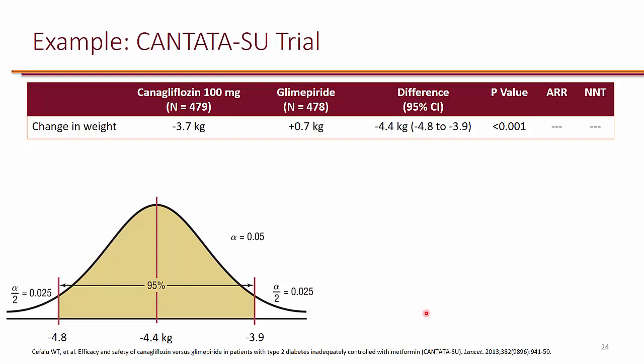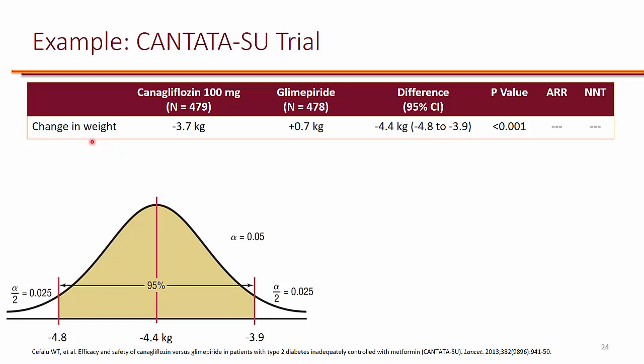Now, so far we've talked about ratios. There's also the concept of difference. So this is the CANTATA-SU trial that looked at two anti-diabetic agents. Now, don't worry about these drugs, just understand the design of the study. So this is your intervention group and this is your control group, and they really wanted to see the effect of these drugs on change in body weight from baseline.